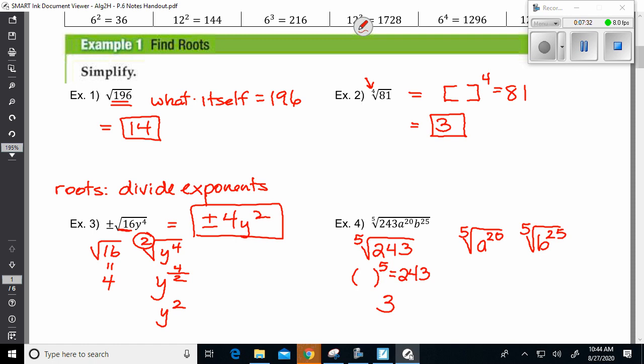So for the variables, you take the exponent it already had and divide it by the index. So 20 divided by 5 is 4. Take the exponent, divide by the index, get b to the fifth. So your final answer is 3, a to the fourth, b to the fifth. That's that problem over.